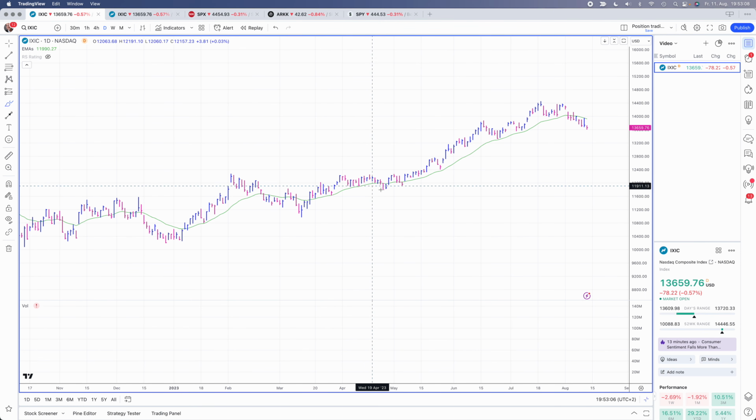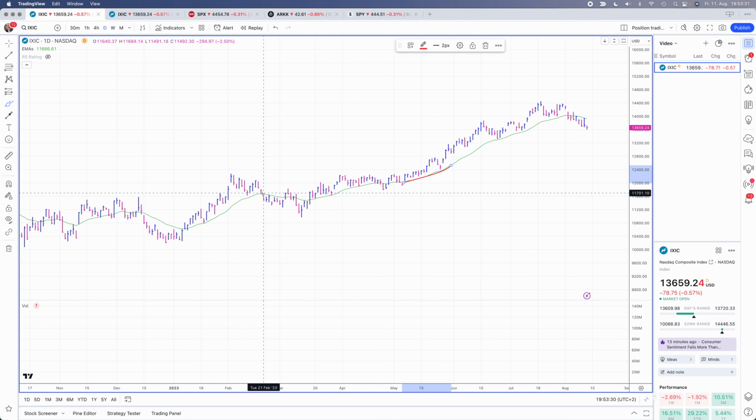If the price is below the moving average 21, you should stop looking for new buys and stop taking new trades. If the slope of the moving average is clearly going up in a steep angle, you are in a strong uptrend and you want to be a little bit more aggressive and look maybe for more new trades to buy. If the slope is down, of course, you should not buy anything.